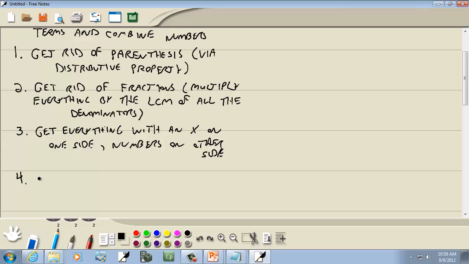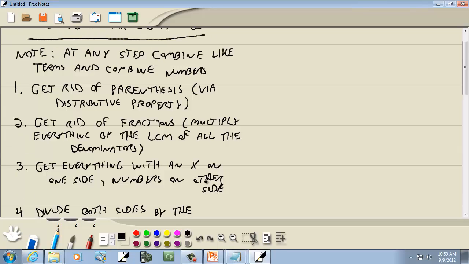And step 4, divide both sides by the number in front of the X. Now I wrote these in terms of X, but you could have any variable.